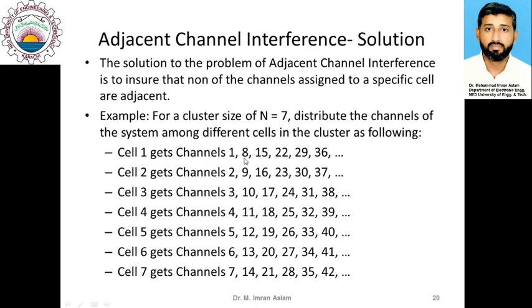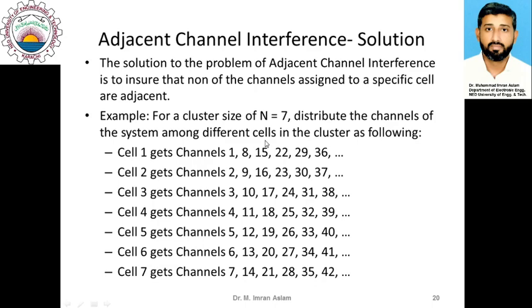Cell 1 gets channel number 1, then we do not assign channels 2, 3, 4, 5, 6 onto the same cell. We would assign channel number 8 here. So there will be a gap between 1 and 8. Channel 2 will be assigned to some other cell. So cell number 2 will get channel 2, cell number 3 will get channel number 3, cell number 4 will get channel number 4, and so on. So you can see that between two channels there is a gap. A gap of 6 channels is provided between two consecutive channels.